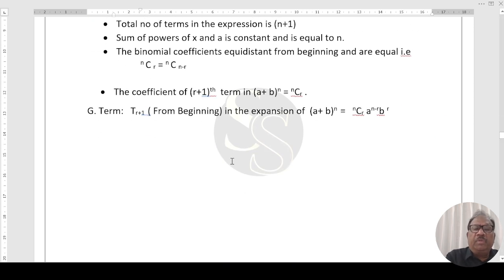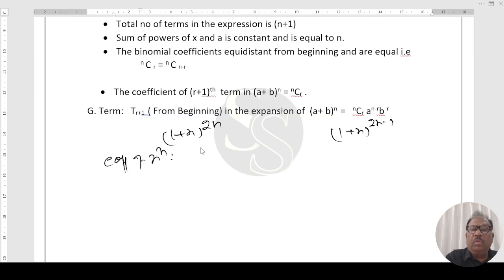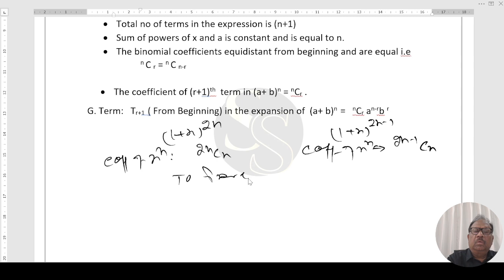Now, one expansion is (1 plus x) to the power 2n, the other (1 plus x) to the power 2n minus 1. Coefficient of x to the power n will be 2nCn, and coefficient of x to the power n will be 2n minus 1 Cn.